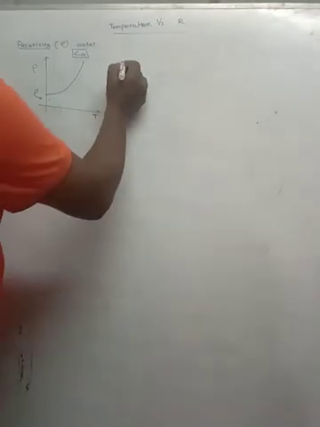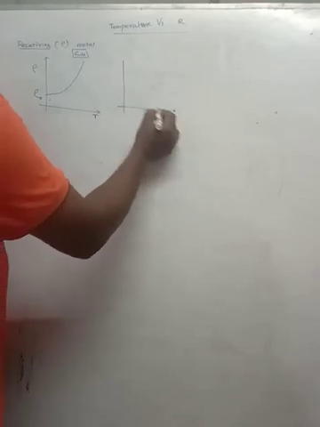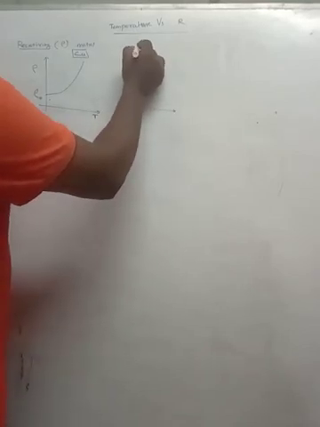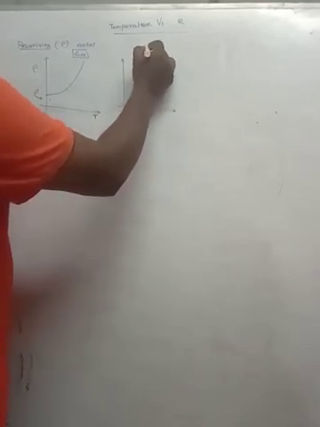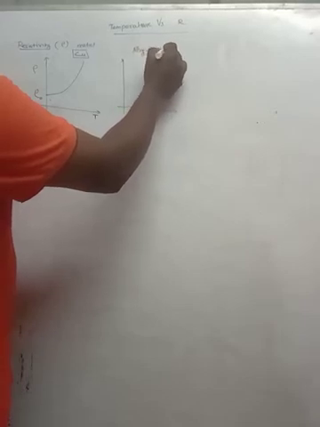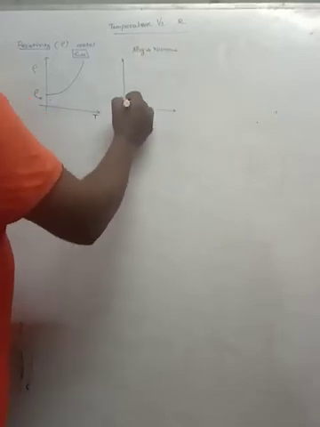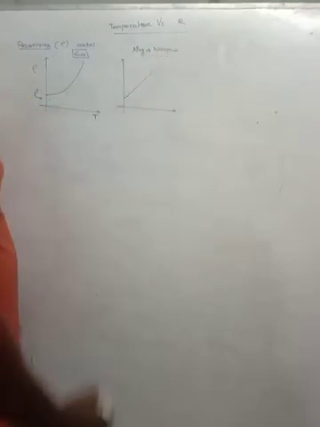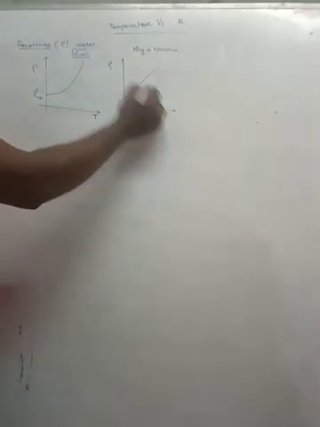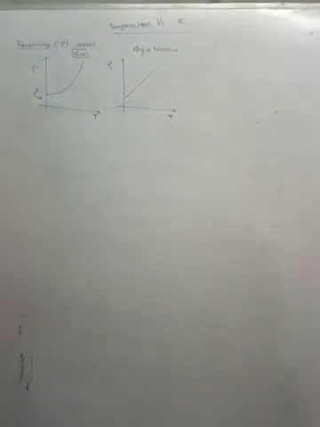If it is an alloy, let me take nichrome, the graph will be a straight line, with rho here and temperature here.